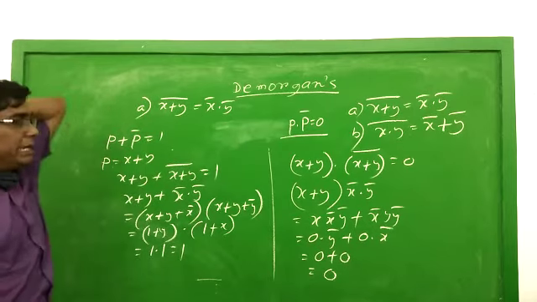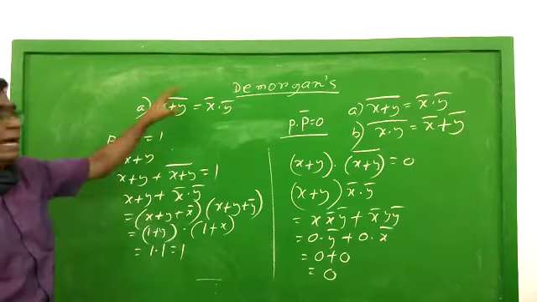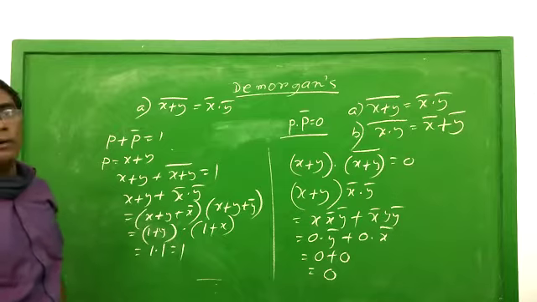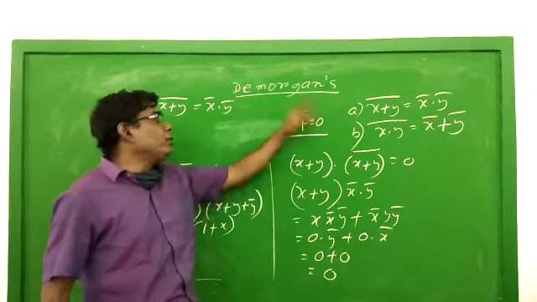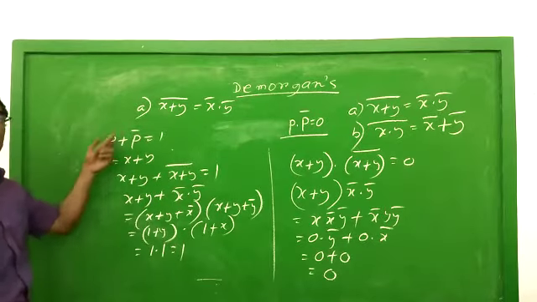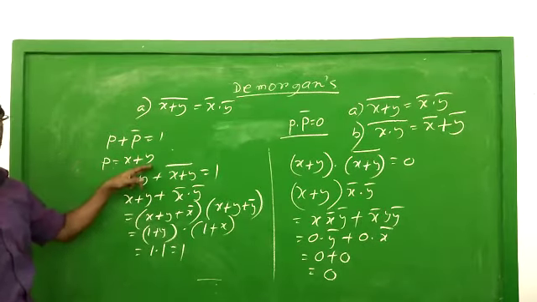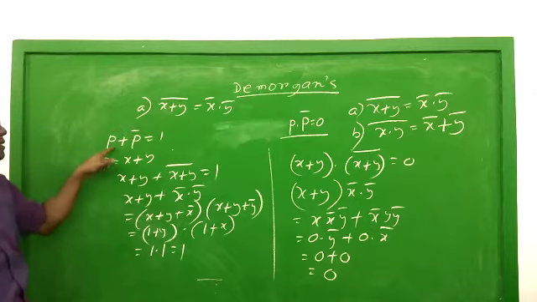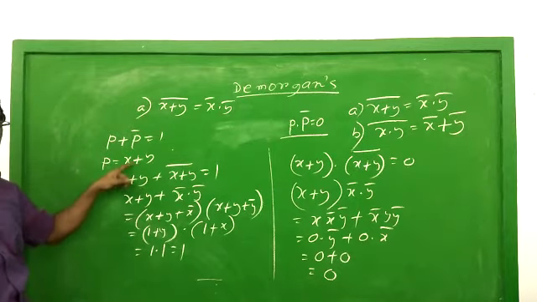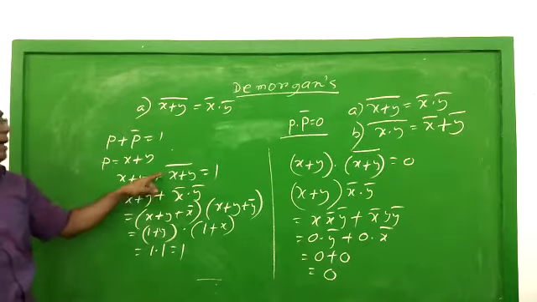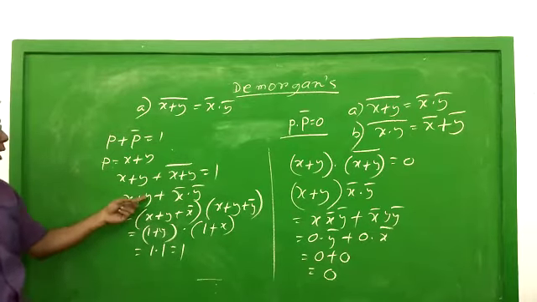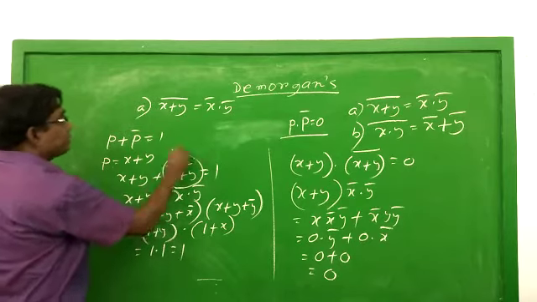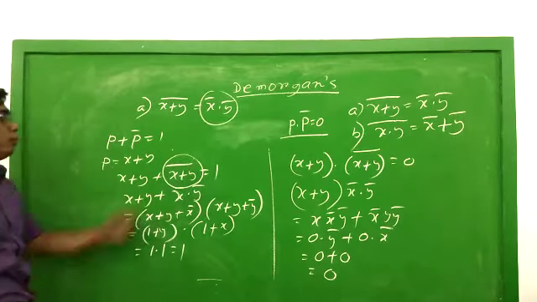If you want to prove De Morgan's law, we have to take the help of complementarity law: P or P complement equal to 1 and P and P complement equal to 0. Suppose the value of P is x or y. We replace P by x or y, so x or y or the whole complement of x or y equal to 1. Now we replace this with this, and we have to prove 1.